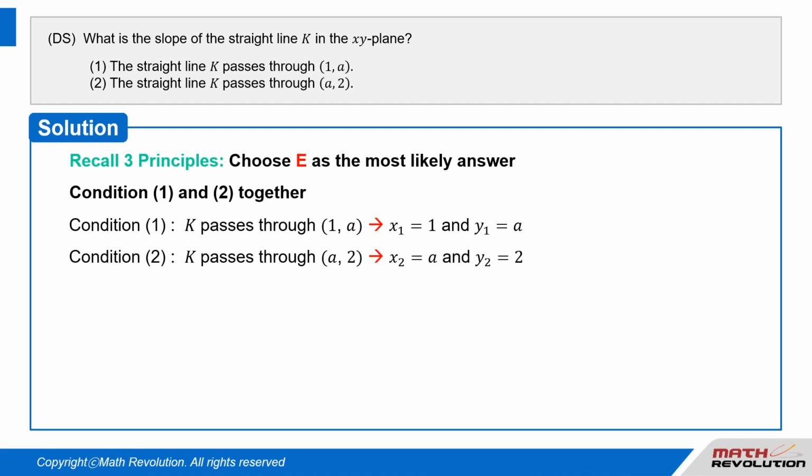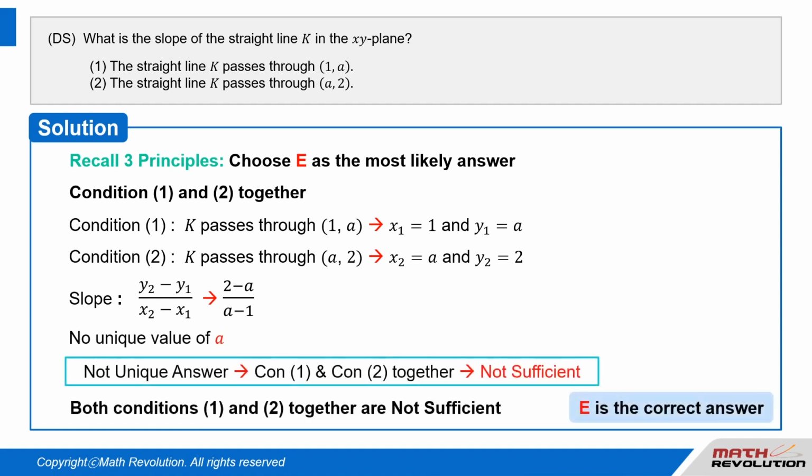Hence, x2 equals A, y2 equals 2. Therefore, slope equals (y2 minus y1) over (x2 minus x1), which equals (2 minus A) over (A minus 1). But we cannot know the unique value of A. So conditions 1 and 2 combined are not sufficient.